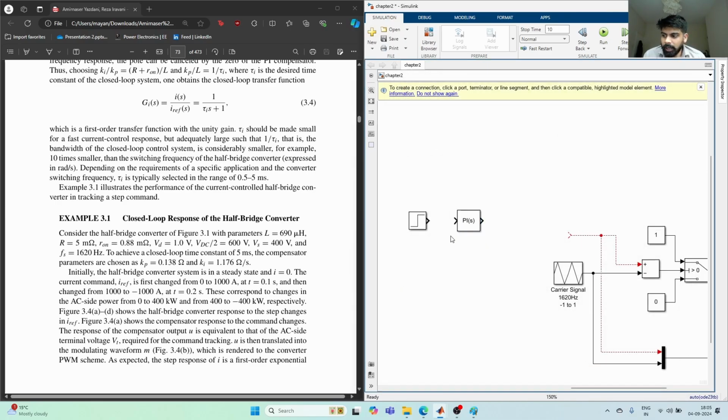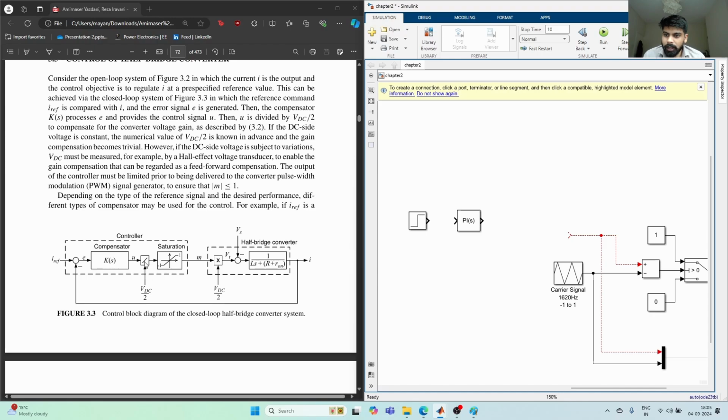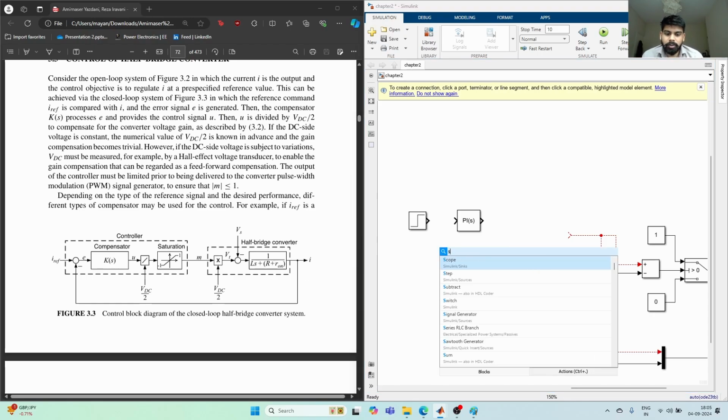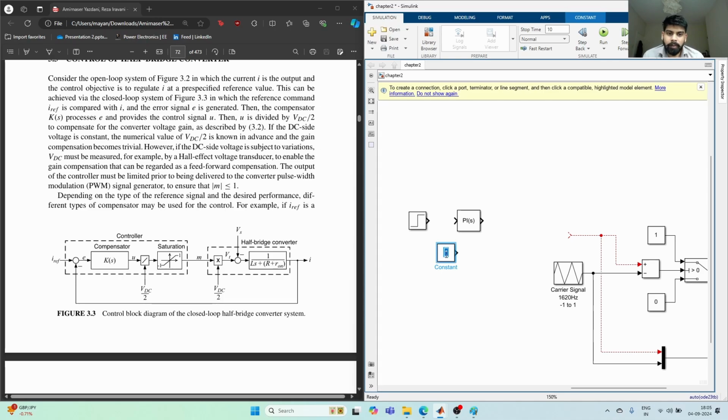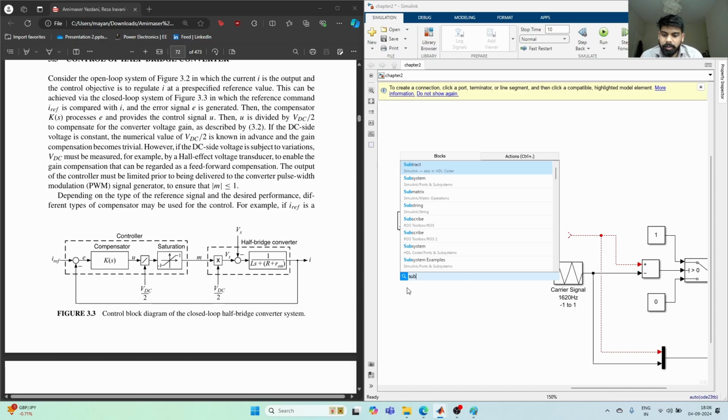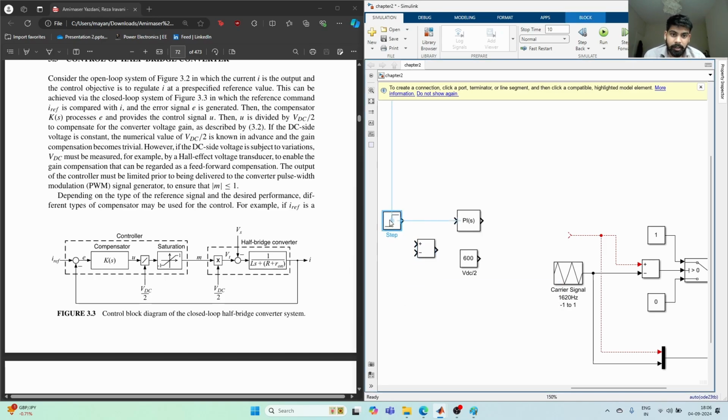Then this has to be divided by VDC by 2. So we'll take a constant, which is VDC by 2, which is 600 volts. Oh, this shouldn't go here because we'll have a subtract, from the actual value that is flowing through the actual system.